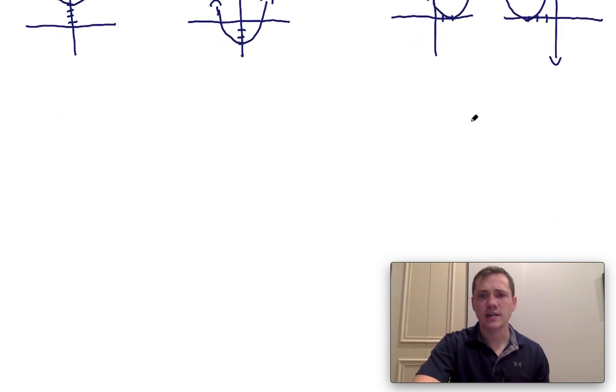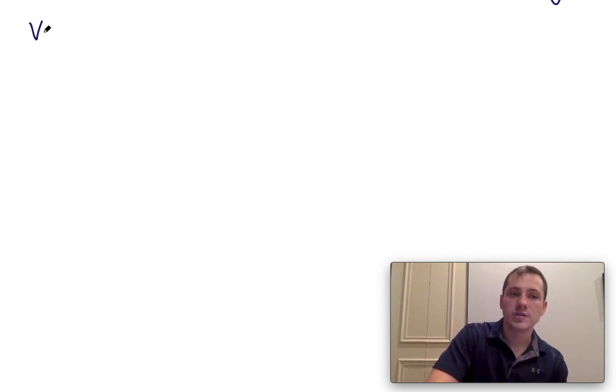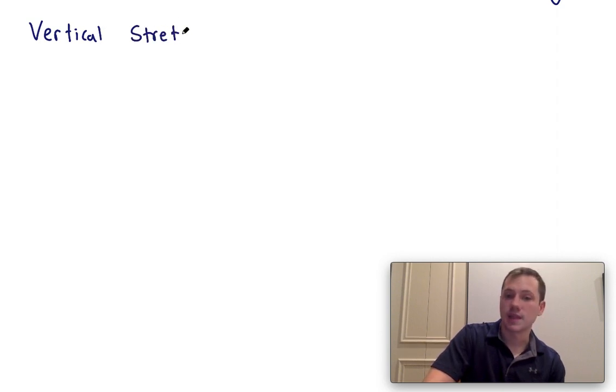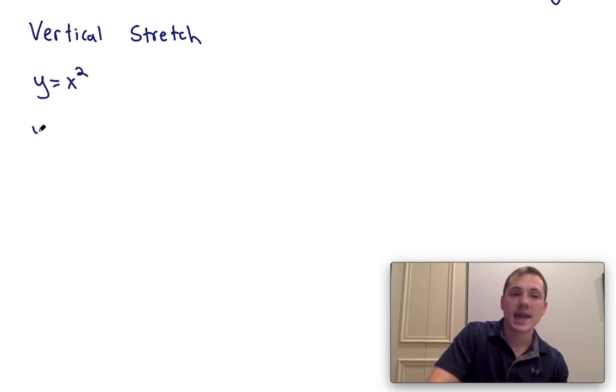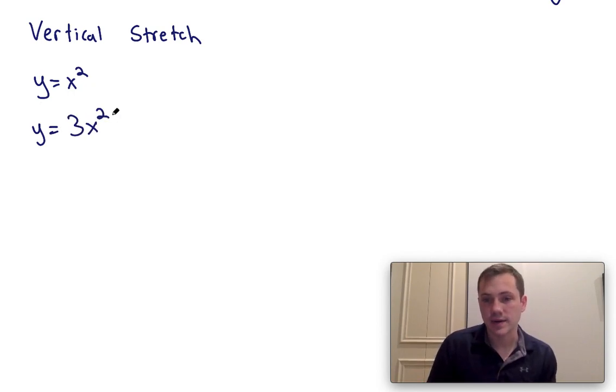Now let's talk about vertical stretches. A vertical stretch happens when you multiply the function by something. So let's again have our parent function y equals x squared. And we're going to have a vertical stretch on the function y equals 3x squared.